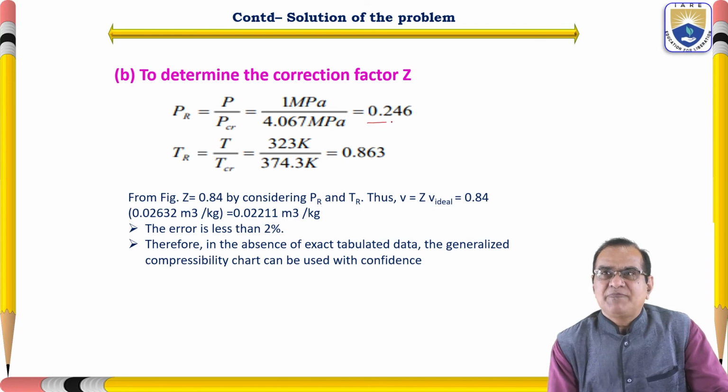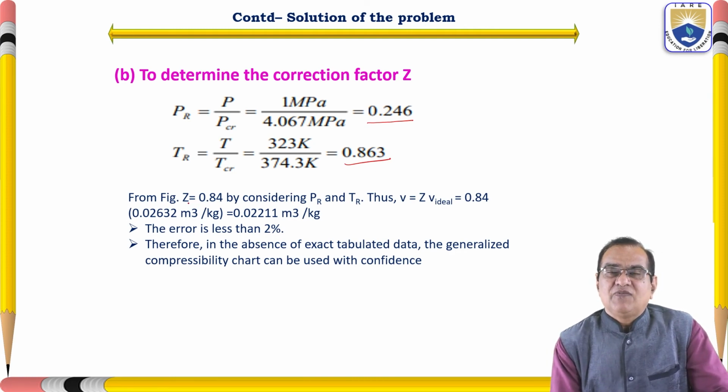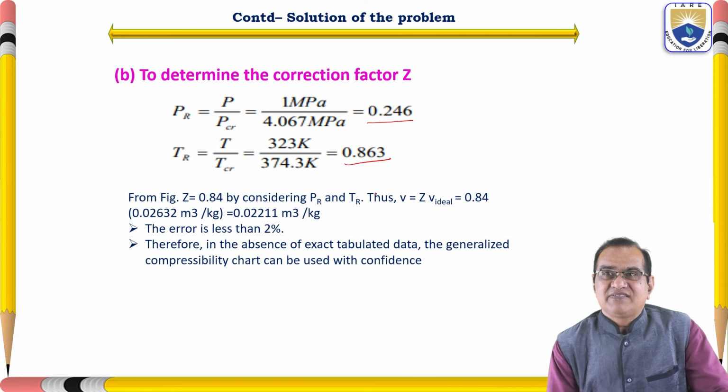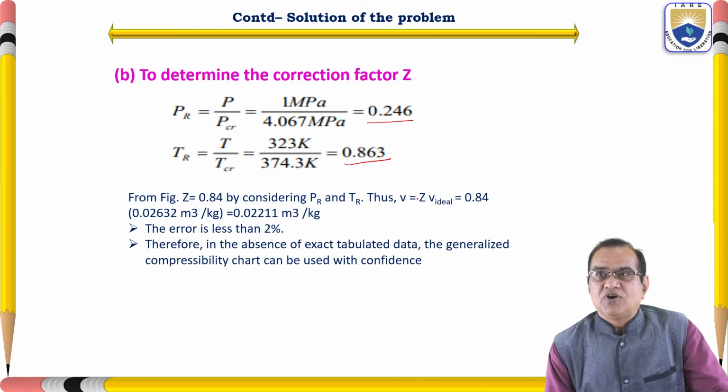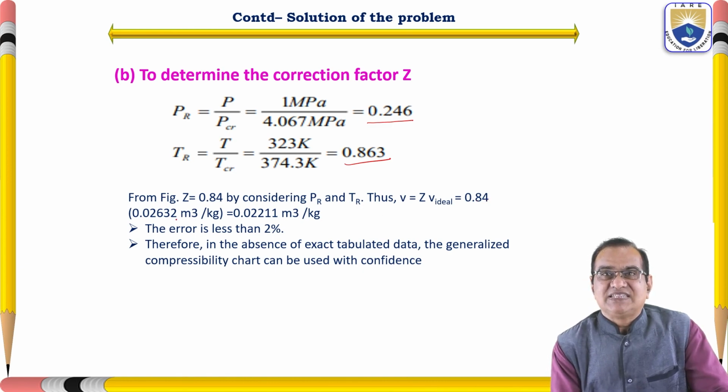So you will get PR equal to 0.246, and TR is equal to 323 by 374.3, so you will get 0.863. From the figure, we can see that Z is equal to 0.84 by considering PR and TR. Thus V is equal to Z times V ideal, so 0.84 into V ideal.